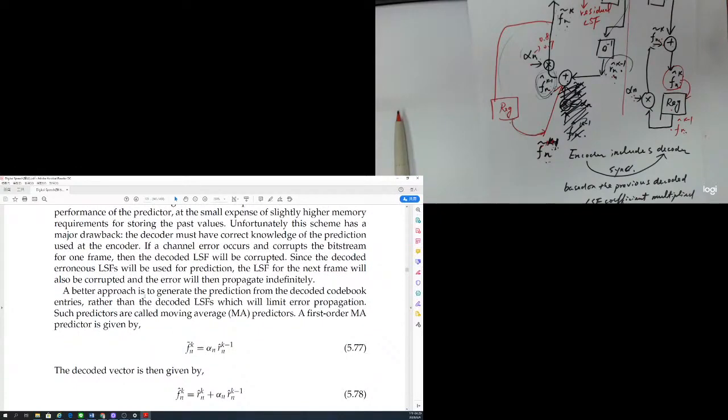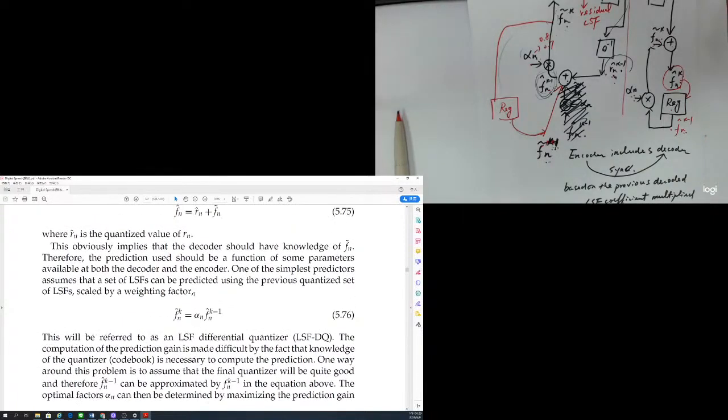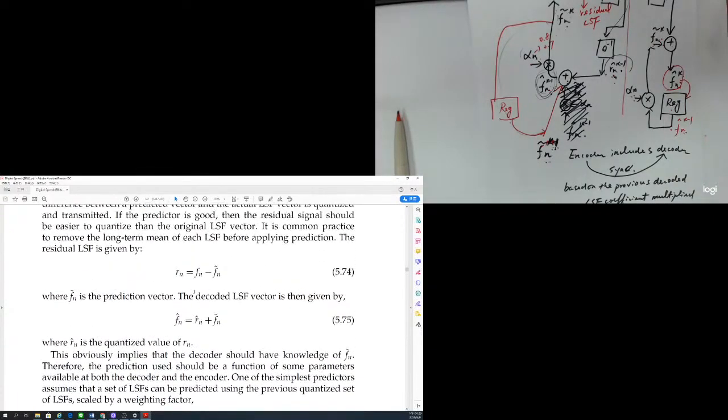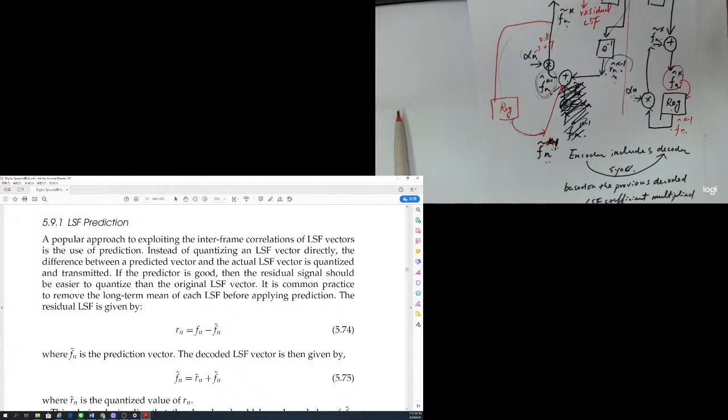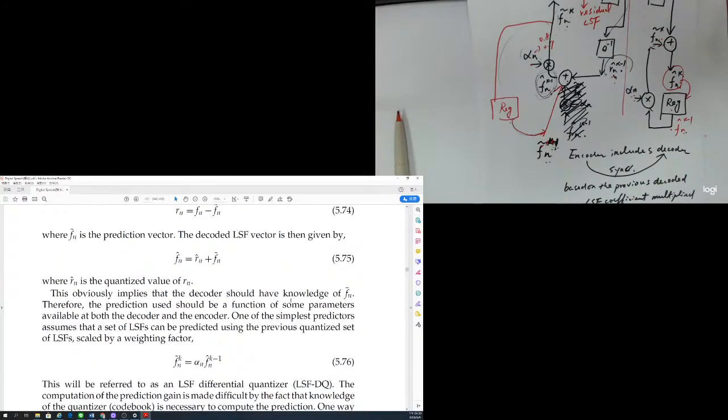So the error propagates again. The previous one we call what they code here, they code this one as a common apply of interframe correlation.